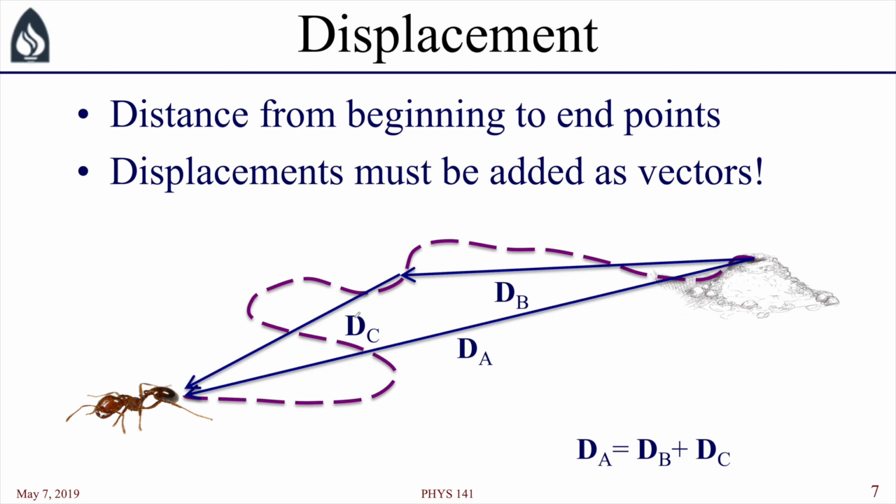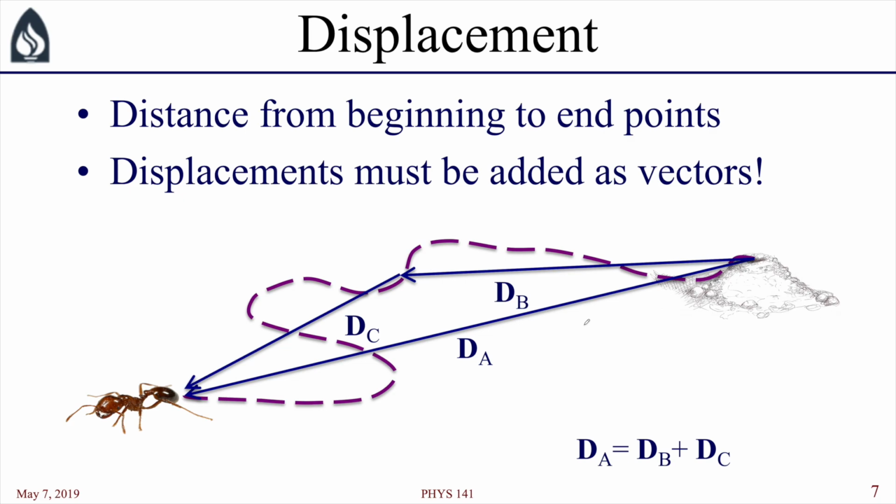Now, if we add together the length of this first displacement to the length of the second displacement, we would actually get something longer than the displacement distance for the entire journey. So that means we have to add together the displacements as vectors in order to get the correct answer.